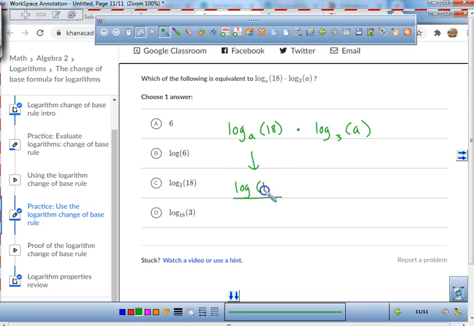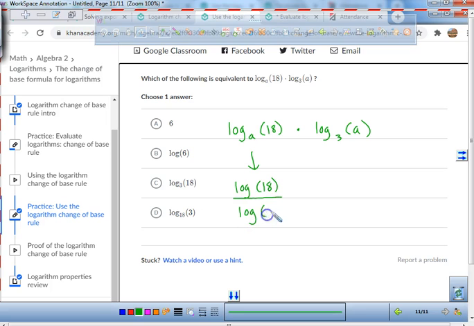Log of 18. What's going to go in the denominator? The log of a. Beautiful. Then we have the log of a over the log of 3.